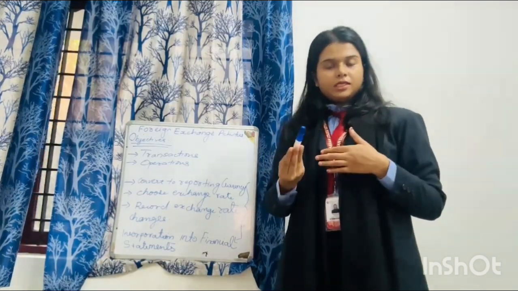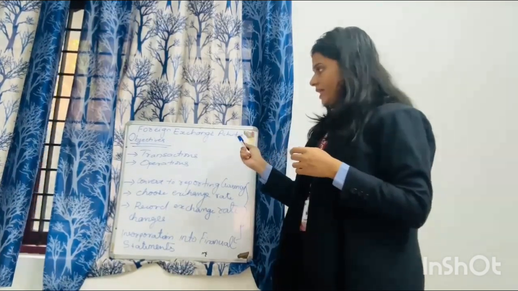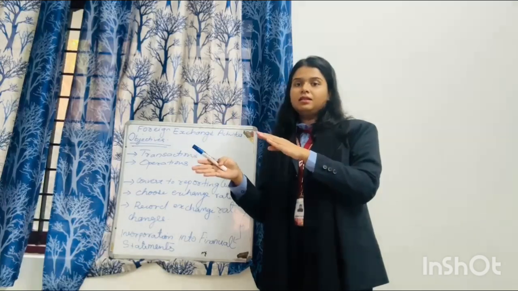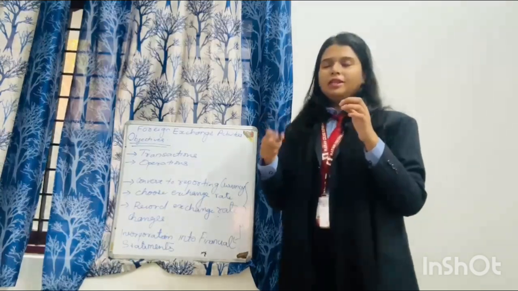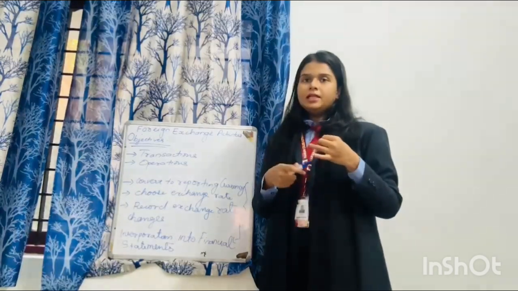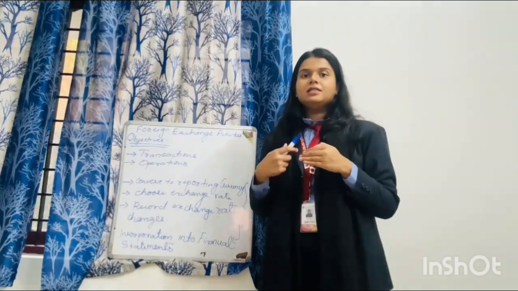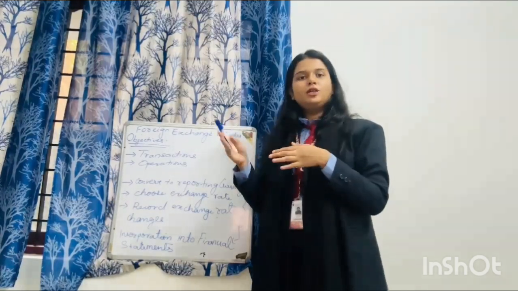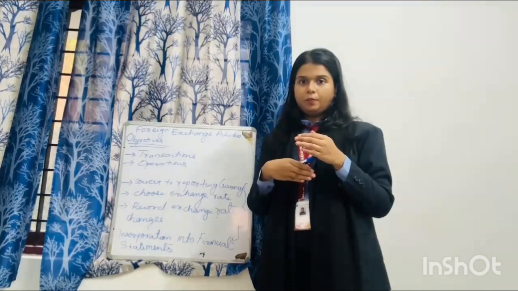The objective is that an enterprise may engage in foreign currency transactions, which means transactions in currencies other than the reporting currency. Next is operations, which means foreign operations that include having branches, subsidiaries or ventures in foreign countries. To incorporate foreign currency transactions and foreign operations into financial statements, these need to be expressed in the enterprise's reporting currency.